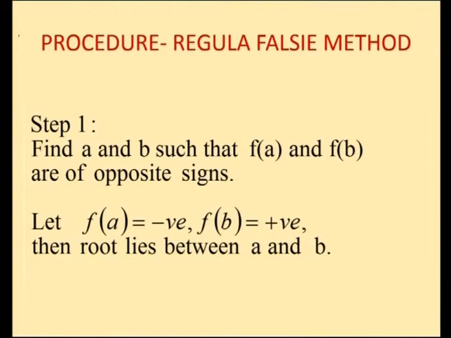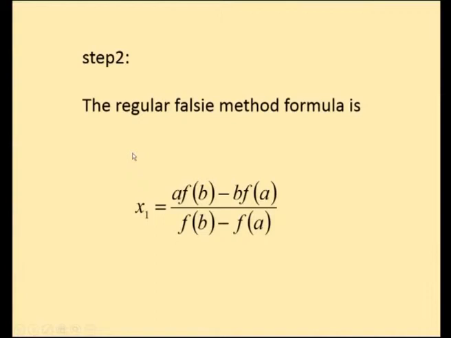If f of a is negative and f of b is positive, we say that the root lies between a and b. And then the regula-falsi method formula is x1 is equal to a into f of b minus b into f of a divided by f of b minus f of a.